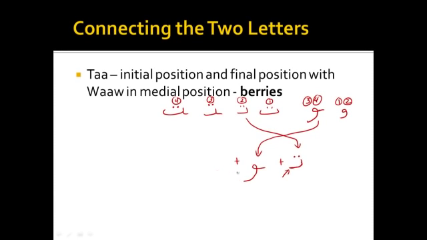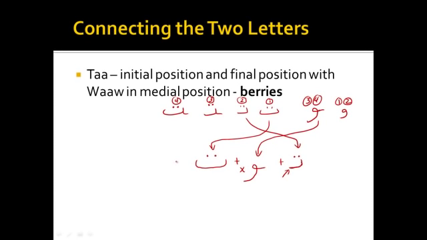However, the wow doesn't connect to what comes after it. So we have to write the ta in the independent position, because it can't connect to what comes before it, and because it's at the end of the word, it doesn't connect to anything after it. So we're going to use this one here. Okay?